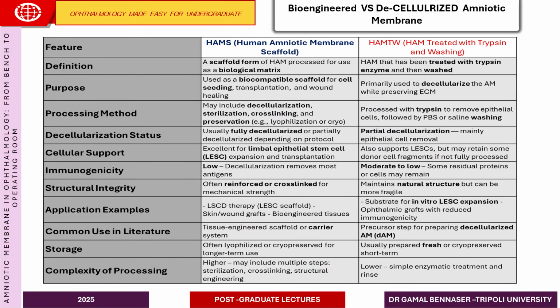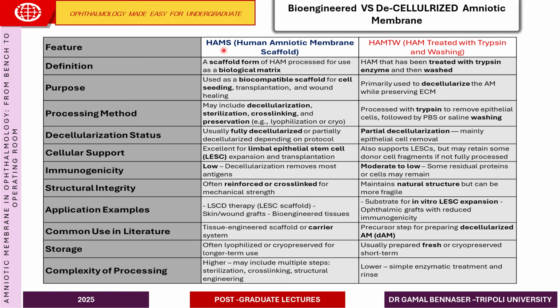Now in this table, I will show a comparison between one of the common bioengineered human amniotic membranes, which is known as the human amniotic membrane scaffold, and another variety, the HAMTW, which is mainly a decellularized membrane.